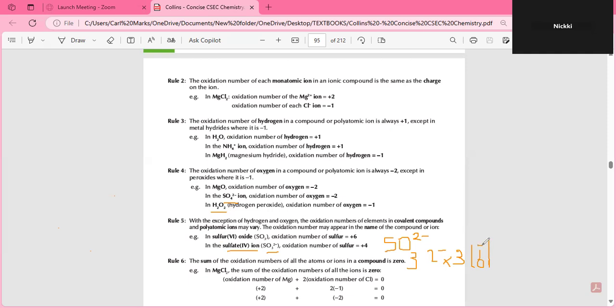But notice you have an extra 2 negatives here. So that means this has to be a +4 to end up with that extra 2 negatives. When you add the -6 plus the +4, you end up with a -2.